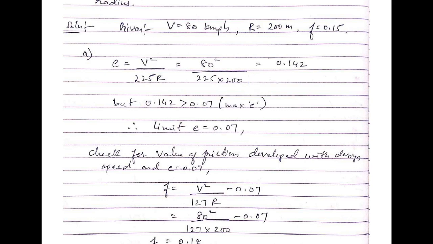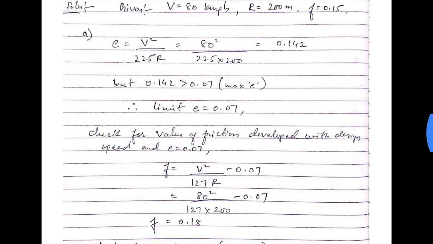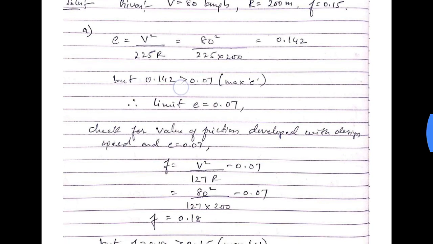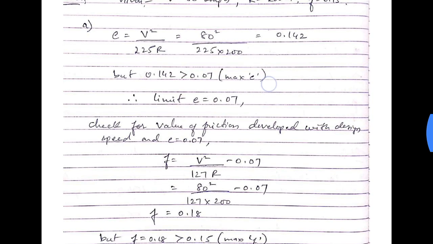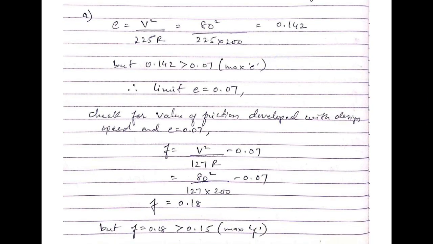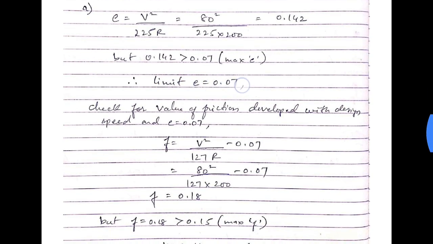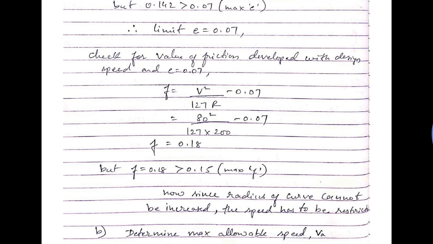V is 80 kmph and R is 200 meters. We get the value 0.142. Now this 0.142 exceeds the maximum super elevation value 0.07. Hence we do not adopt this value, and we limit the super elevation value to 0.07, and we move to step 2 where we check for friction.